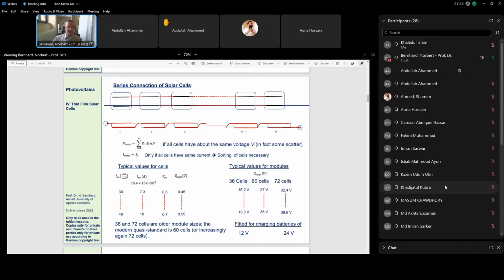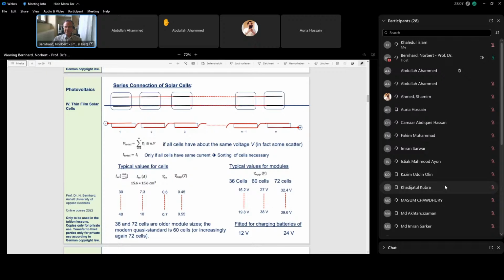And that means then typical values for modules. Typical module sizes have been 36 cells, but there are still some of these modules in the market. Then the standard sizes, meanwhile, are 60 cells or 72 cells. For 36 cells, we have an MPP between 16 and 20 volts. For 60 cells, between 27 and 38. And for 72 cells, between 32 and 40 volts.